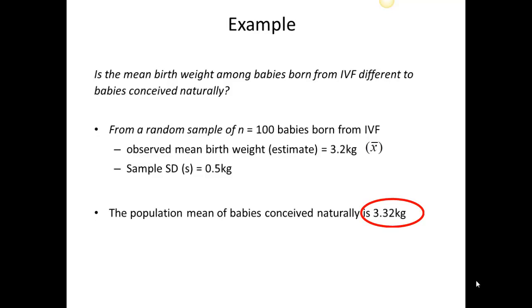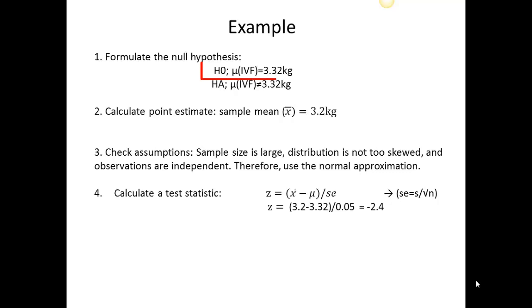This is our hypothesized null value for the population parameter, or mean birth weight in the entire population of IVF babies. Our null hypothesis is this: that the population mean birth weight among IVF babies is equal to 3.32, or the same as other babies conceived naturally.